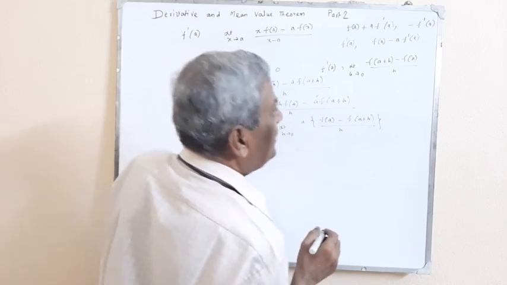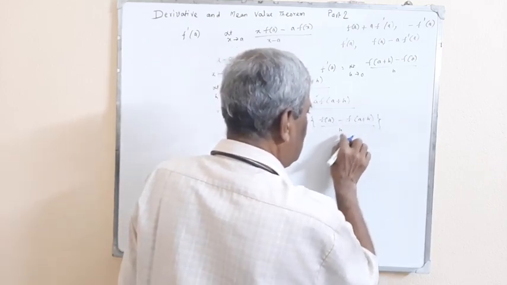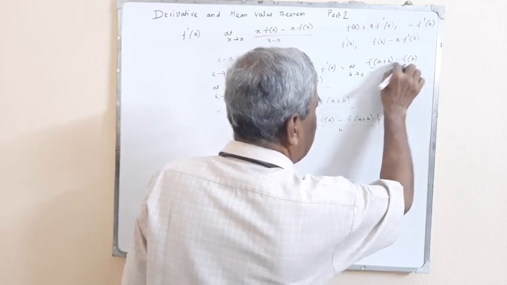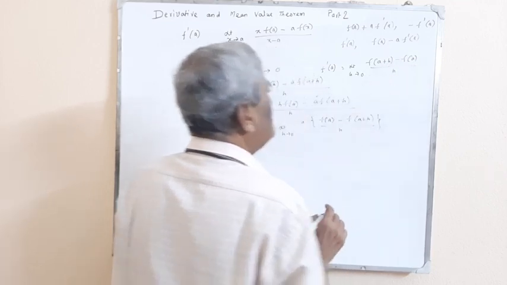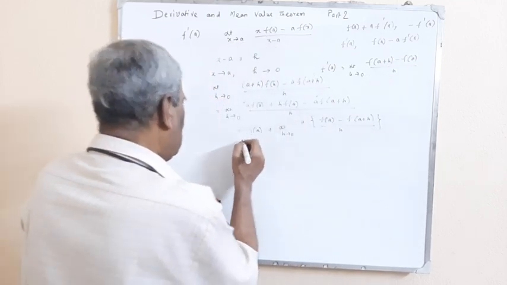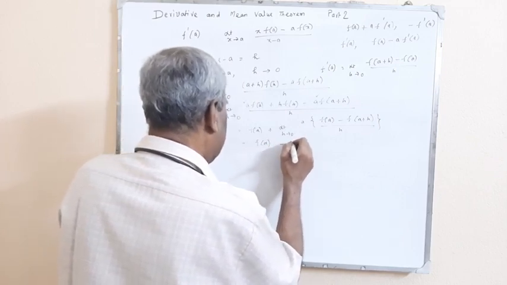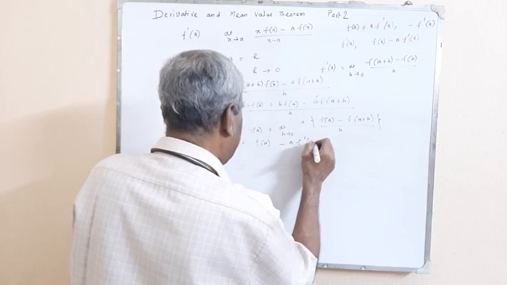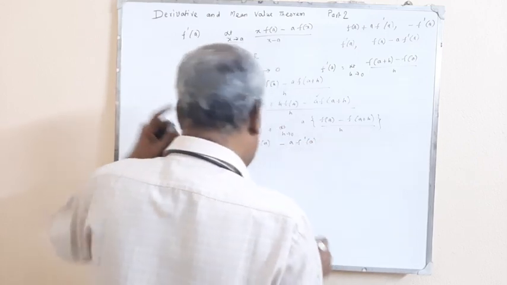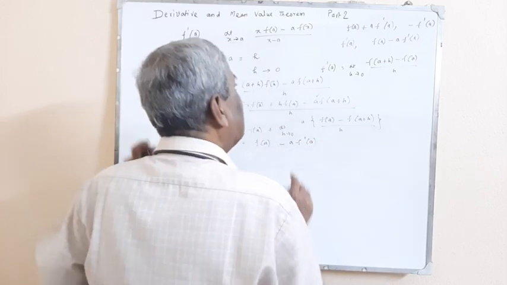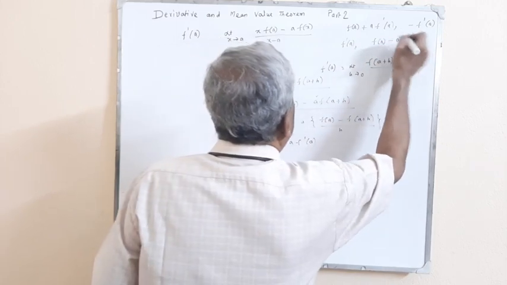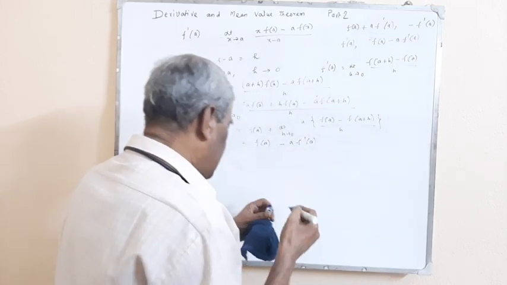Now you see that this one is negative of that, it is minus f dash a, so it is equal to f(a) minus a into f dash a. So we get the answer f(a) minus a f dash a. This is the answer, option D.